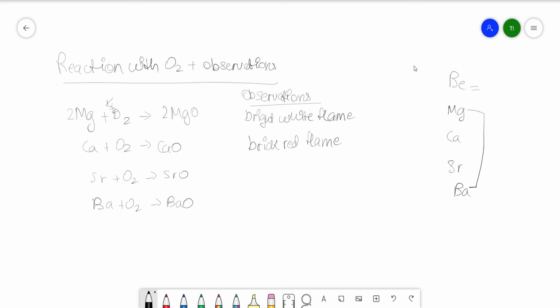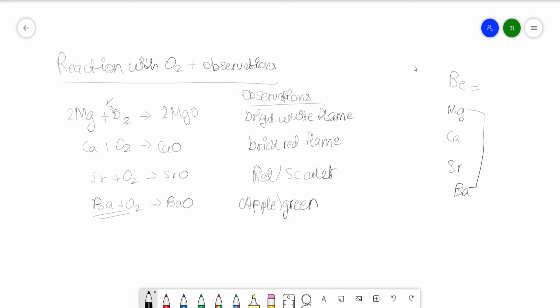And for strontium, if I'm not mistaken, it's somewhat red or scarlet. And for barium, it's apple green. Now it's not perfectly green, but it's somewhat apple-like.